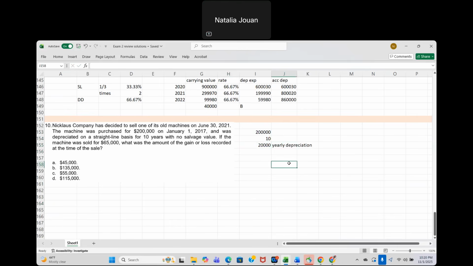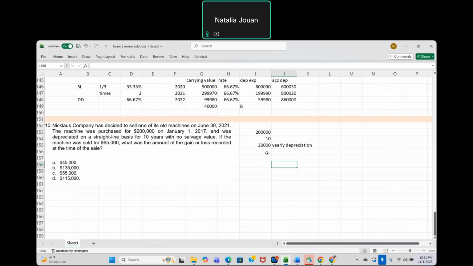So how many years do we have? Sorry, we bought it in 2017 and we're selling it in 2021. So in 2017, the entire year we're depreciating, 2018, the entire year, 2019, 2020, we stop right there. So that's 4 years that is fully depreciated.